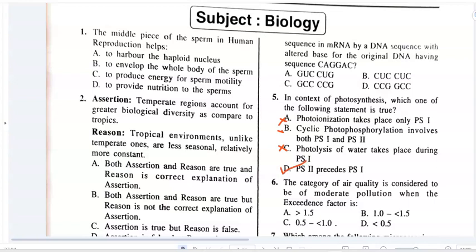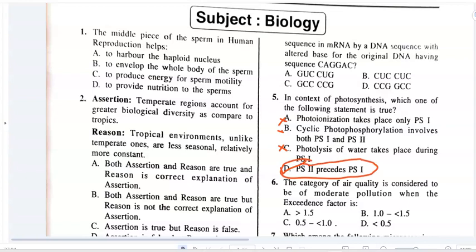So the answer will be option D, that PS2 precedes PS1. Actually it is from the Z scheme, where PS2 P680, then pheophytin, QA, QB, cytochrome b6f, PC, P700, then P700 is excited to form A0, A1, FeS, Fd, and in the last step it will produce NADPH. So the answer is PS2 precedes PS1.